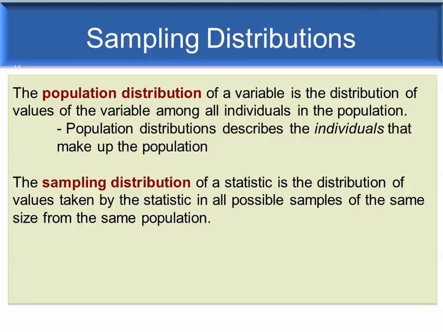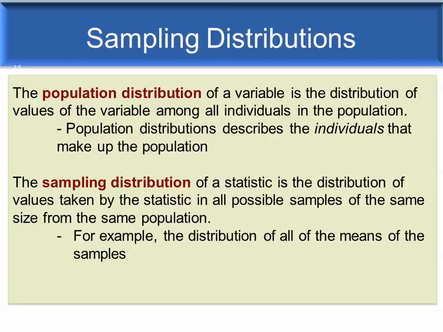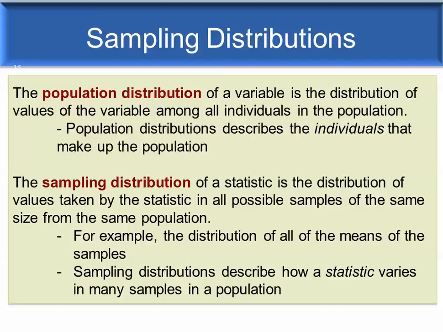The sampling distribution is a distribution of the statistic of all of those samples, and the statistic you'll generally use is the mean. For example, the distribution of all the means of the samples. The sampling distribution describes how a statistic varies in many samples in a population. They'll mostly cluster around the middle, but there'll be some highs and some lows.